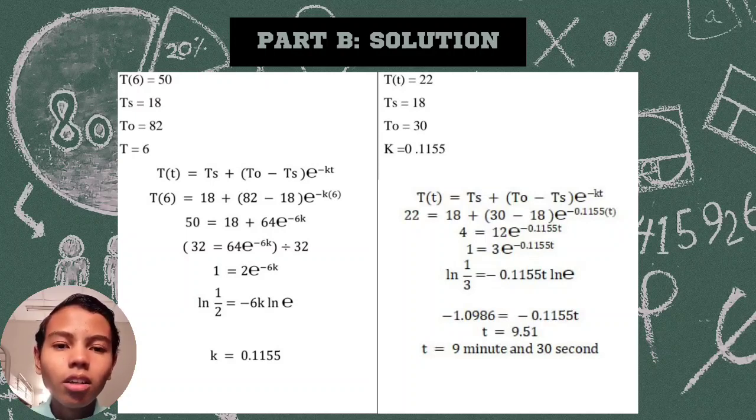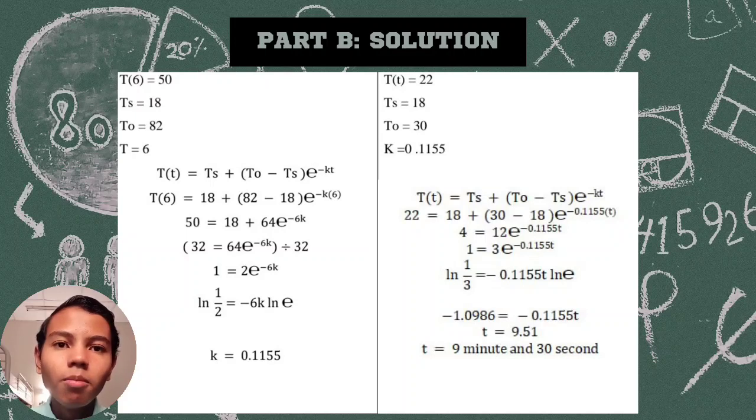Then we use ln to eliminate the exponent and take down the power. After that, we get negative 1.0986 equals negative 0.1155t.